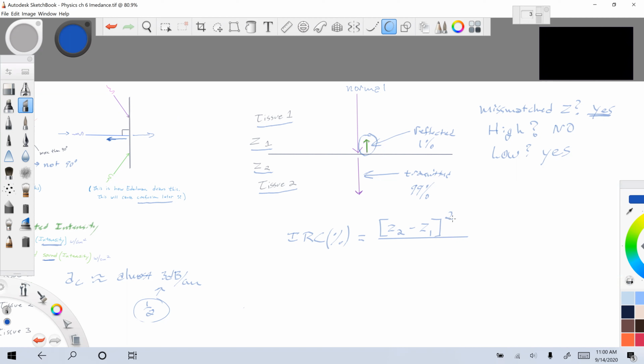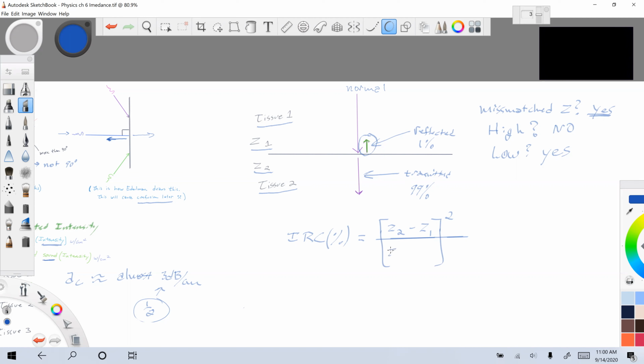Let me draw this slightly differently. I kind of screwed that up a little bit. And that's important because the whole thing is squared.